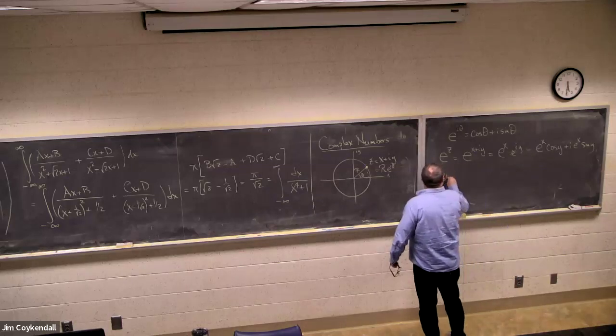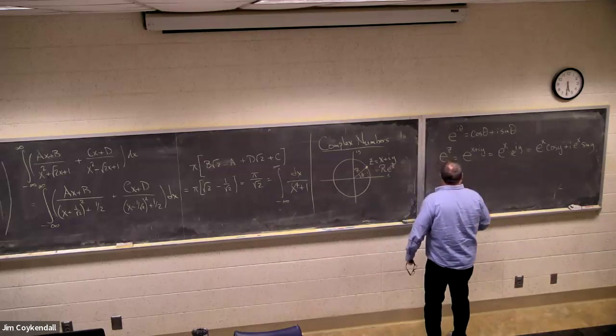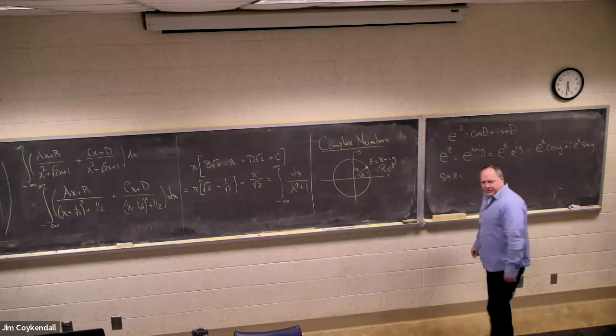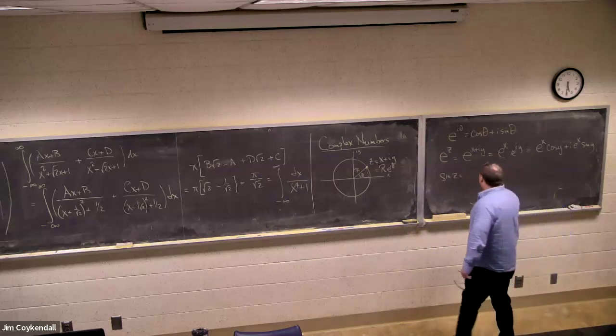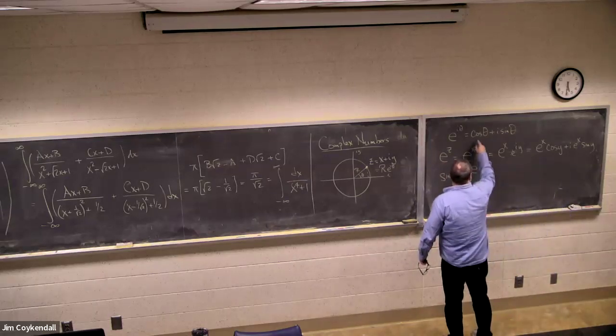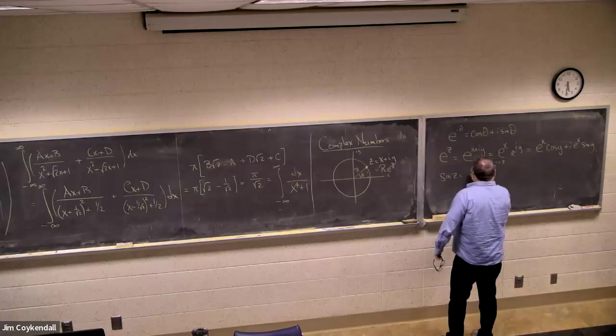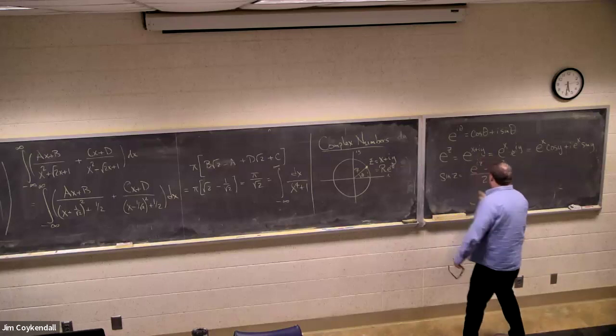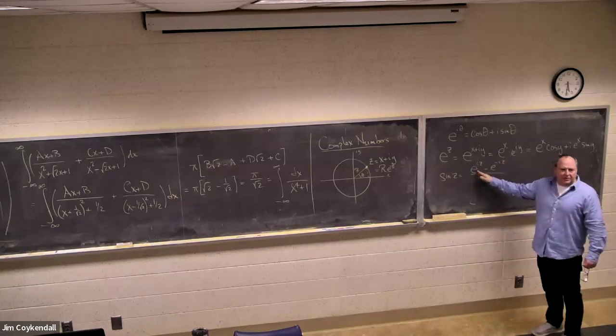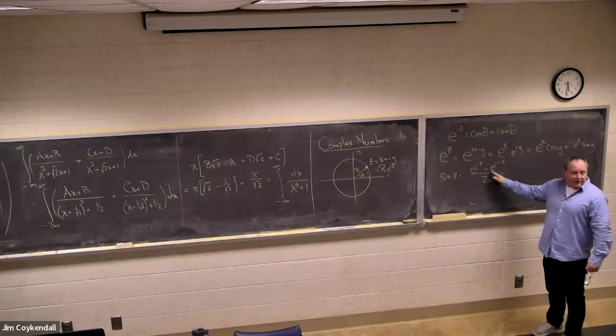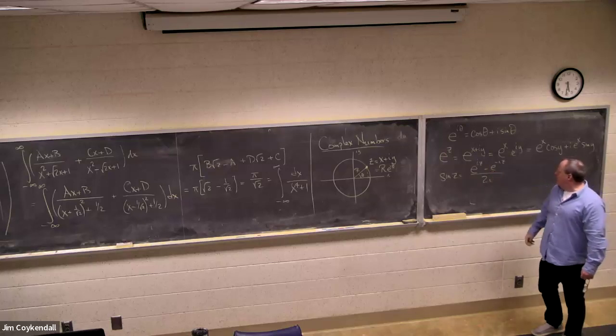Maybe it's even more surprising to do something like this. What about sine z? Well, sine z, using this identity here, that's cosine z plus i sine z, that's minus cosine z, minus i sine z, divided by 2i, and you get this.